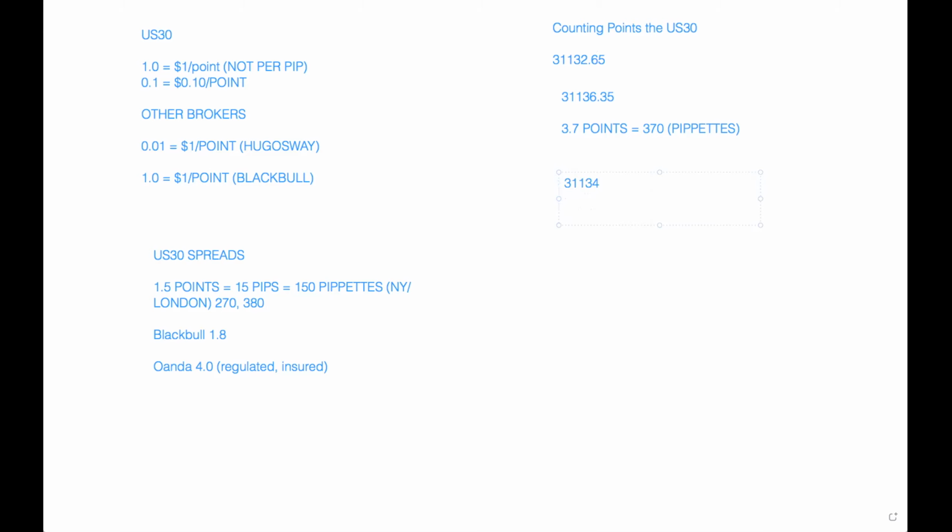And then when you closed the trade, you were at 31,067. To figure out how many points you made on that sell, so this would be a sell because price is going down, you would go 31,134 minus 31,067, and that would tell you that you earned 67 points.